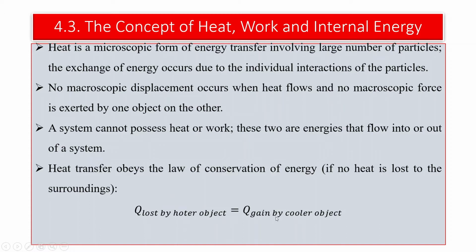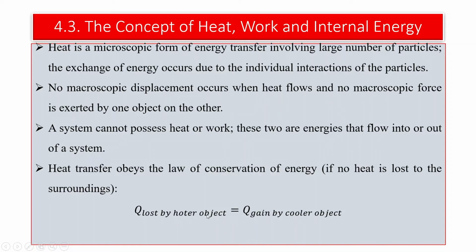If the two systems can possibly exchange energy with each other and they are isolated from the external, and one is at a higher temperature and the other at a lower temperature, there is a possibility that the two systems exchange energy, considering the boundary can allow heat transfer from one to the other. In this case we can say that Q, the heat lost by the hot object, is equal to Q gained by the cooler object. Cooler is at a moderate temperature and hot is at a large temperature.